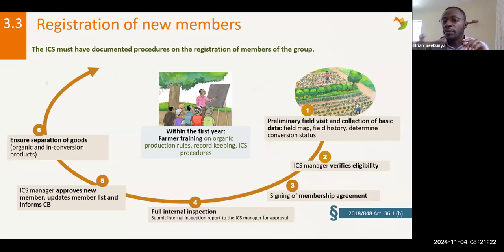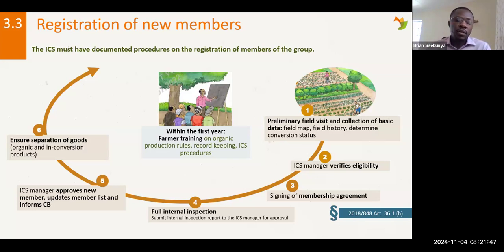For example, for the preliminary visit in step 1, when the field officer goes to the farm, what do they use? In step 4, when a full internal inspection is being done, what templates do they use? So what is missing here are the templates, but the rest of the information is provided.